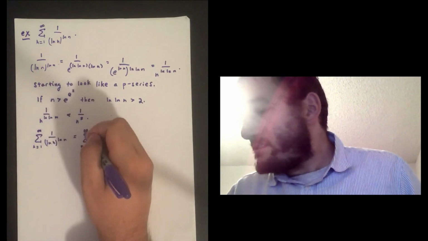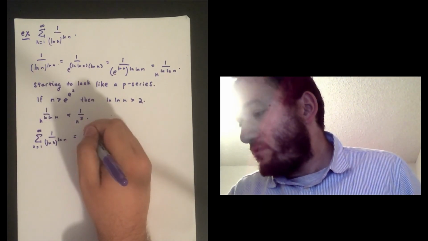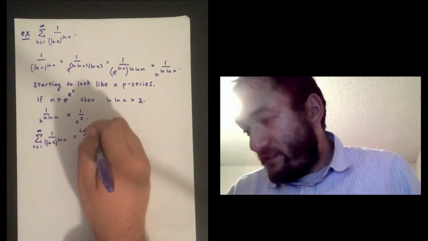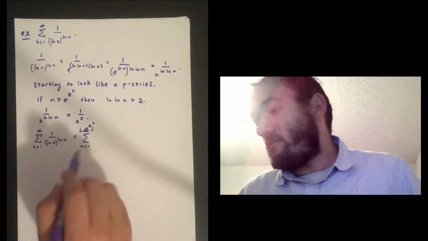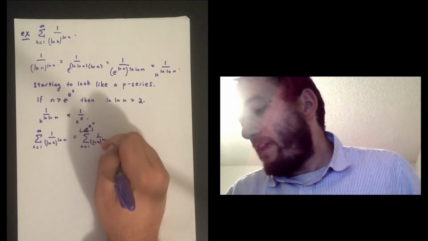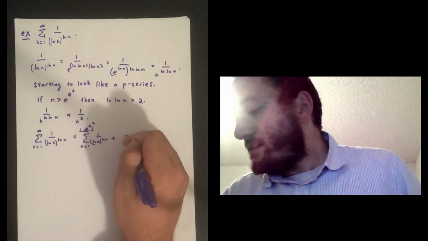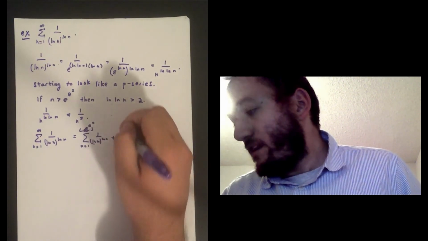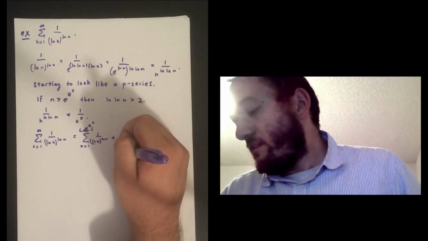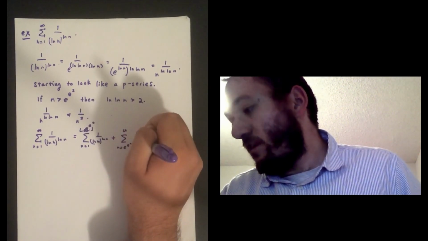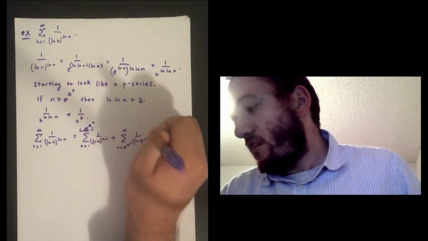It's the same as the sum from 1 to e to the e squared, or the nearest integer to e to the e squared, of 1 over log n to the log n, plus the sum from n equals e to the e squared to infinity of 1 over log n to the log n.